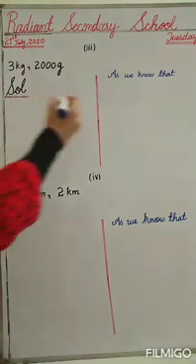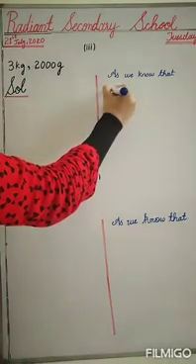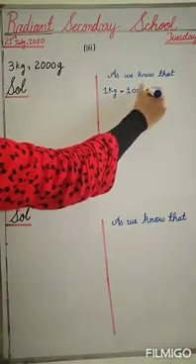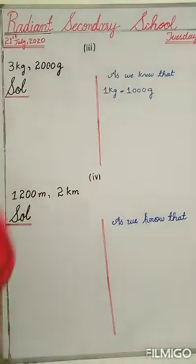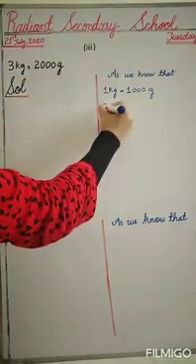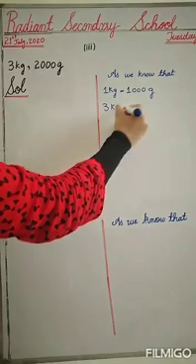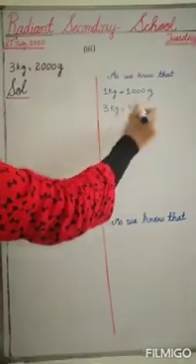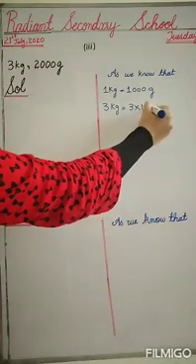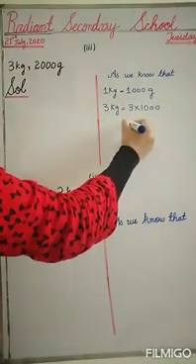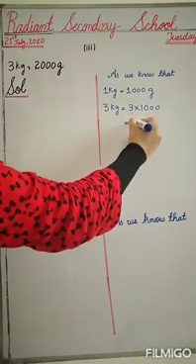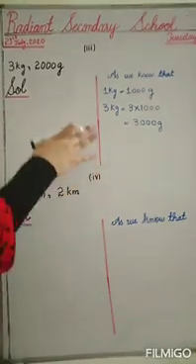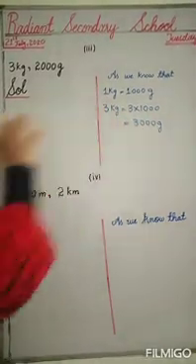As we know that 1 kilogram is equal to 1000 grams. So what will 3 kilogram become? We will multiply this 1000 with the given number, 3. And 3 multiplied by 1000 is 3000 grams.